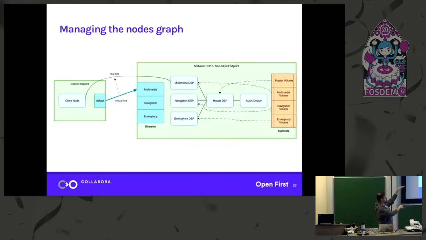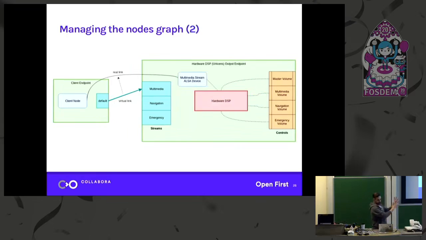So you have the multimedia stream and the navigation stream, which, as I said earlier, need to be treated differently. So the software DSP output endpoint that I've written there is creating a couple of DSP nodes that implement volume controls per stream. And as soon as you make this virtual link on the endpoints graph, it goes and creates the actual link on the media routing graph.